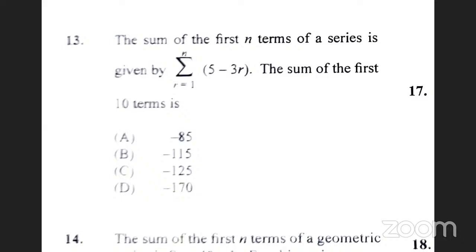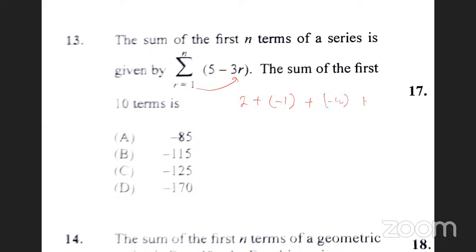The hint I can give you is that you can write out a few terms. Plug in 1, and you'll get 5 minus 3, which is 2. Plug in 2, you'll get minus 1. Plug in 3, and you will get 5 minus 9, which is minus 4.